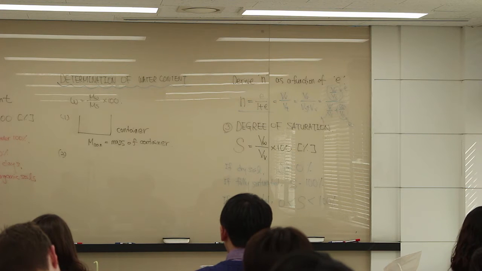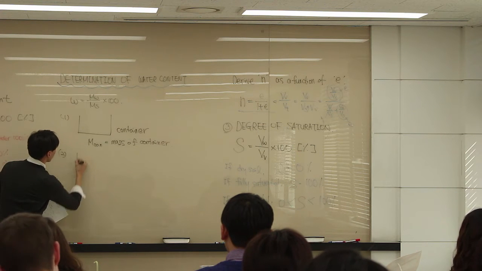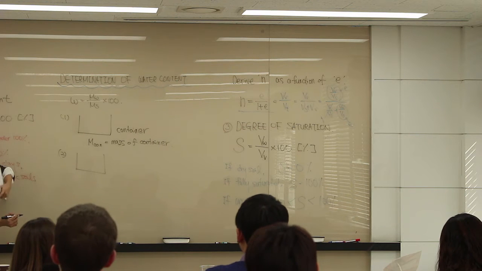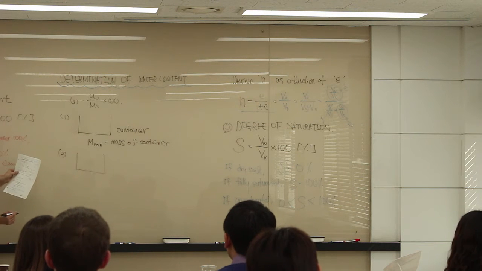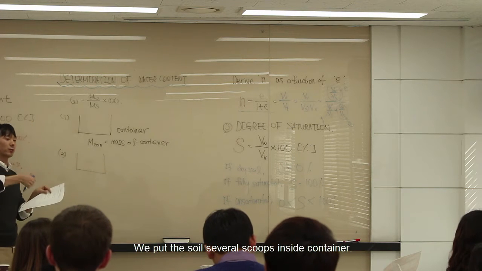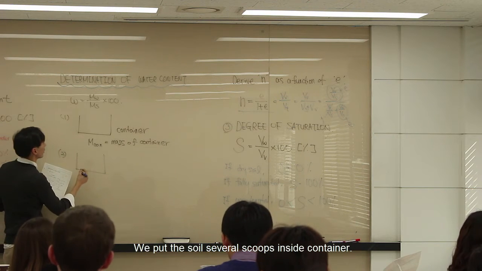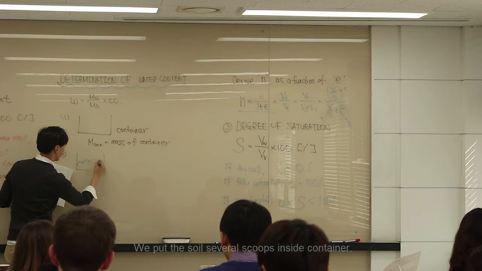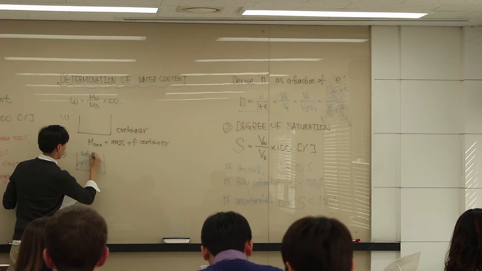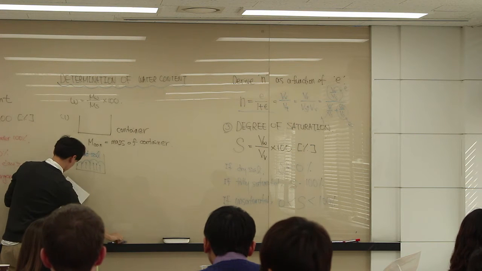To describe in more detail, you need a container with known mass. So we measure the mass of the container, that's M container, and you take this soil, maybe scoop several scoops and put it inside this container. This is wet soil.